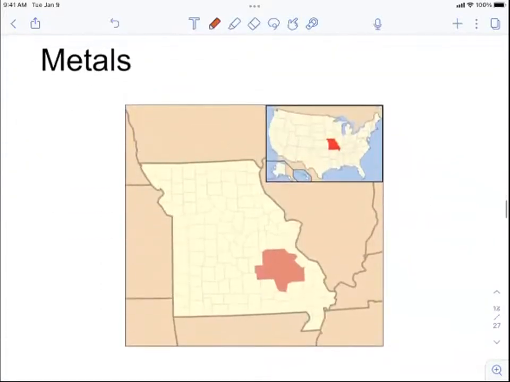Metals are a typical water pollutant too. Especially in Missouri, we know that we have quite many metal mines, and we are here, Phelps County, and nearby us there are a few metal mines.